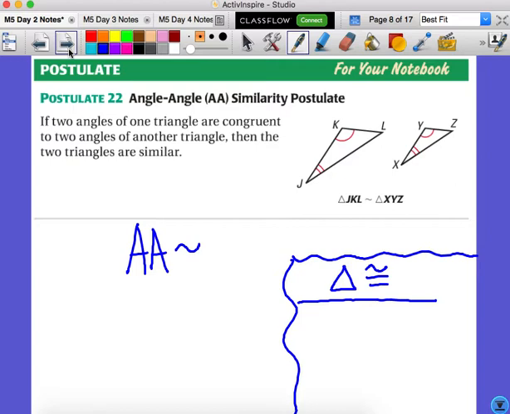So just as a reminder, there were 5 shortcuts for triangle congruence: side-side-side, side-angle-side, angle-side-angle, angle-angle-side, and HL. But again, these were to show that 2 triangles are exactly identical or congruent, and now we're focusing on, are these the same basic shape but different sizes? So similarity is a little bit different.